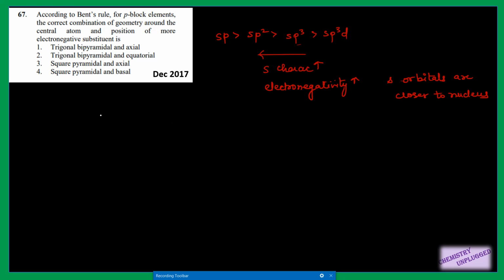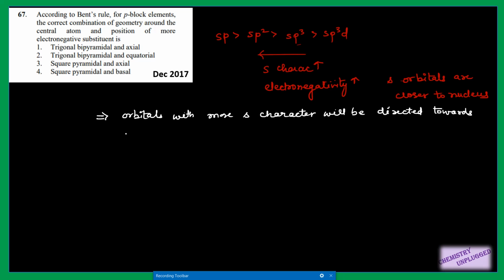So we can generalize that orbitals with more s character will be directed towards more electropositive substituent, or you can do vice versa of it also, that orbitals with lesser s character will be directed towards less electropositive or more electronegative substituents, right? So try to remember only one point, the other will be the reverse of it.